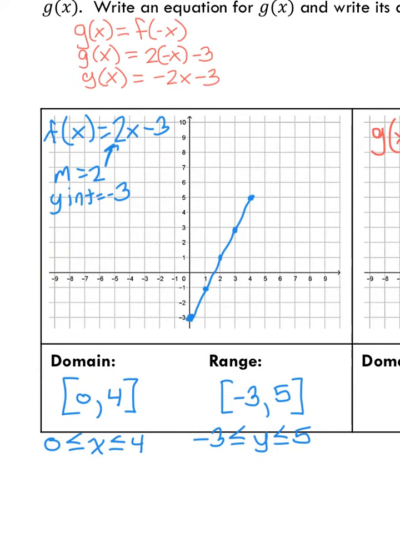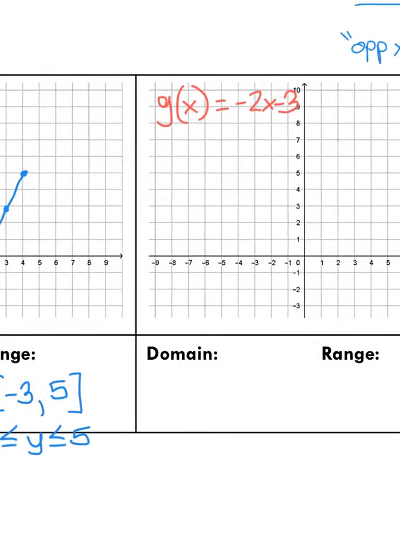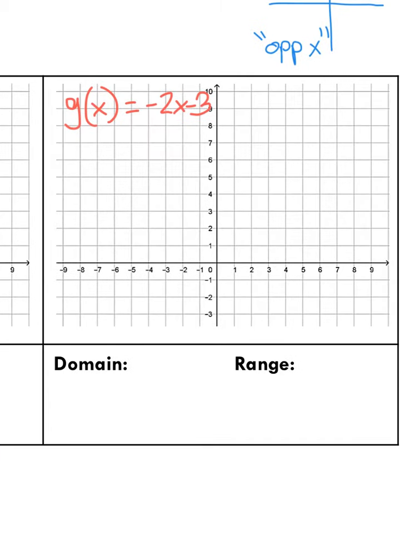If we go ahead and reflect this piece, we know that this is going to be an anchor here. Negative 3, 0, negative 3 is going to stay pinned there, and this point is going to end up over here. This point is going to end up over here, etc. So if we slide back over here, I think you can guess that we're going to end up with another side of a V here.